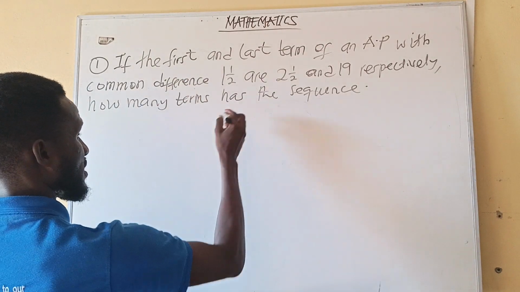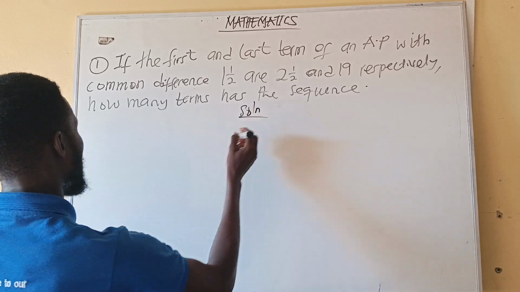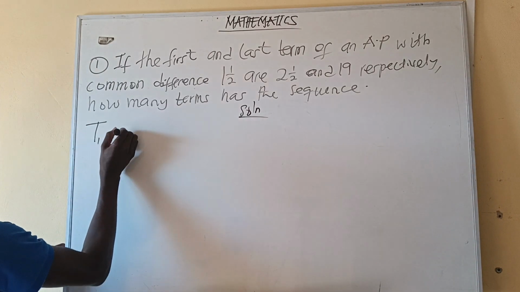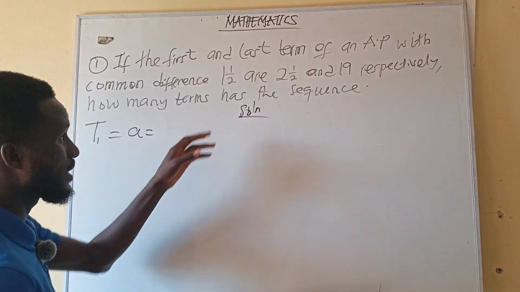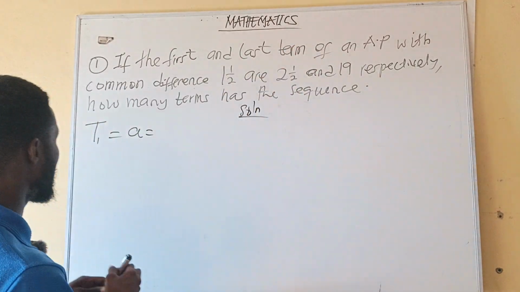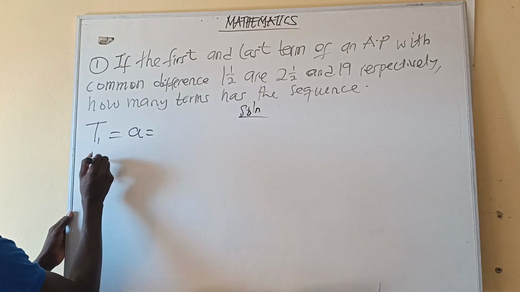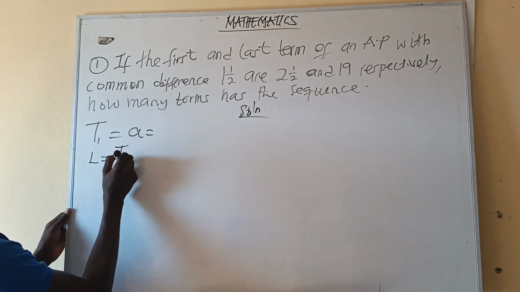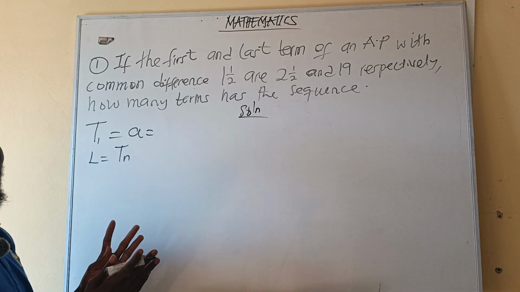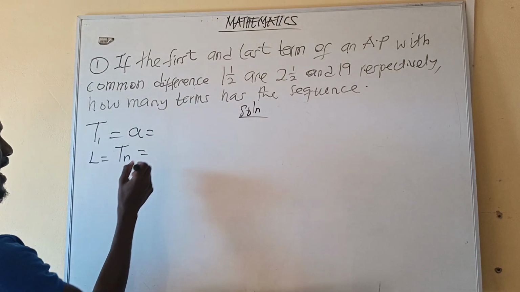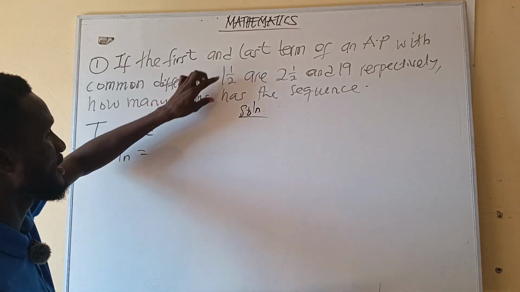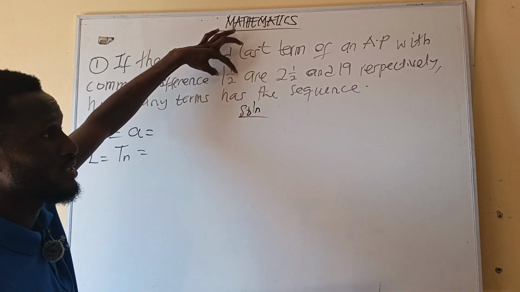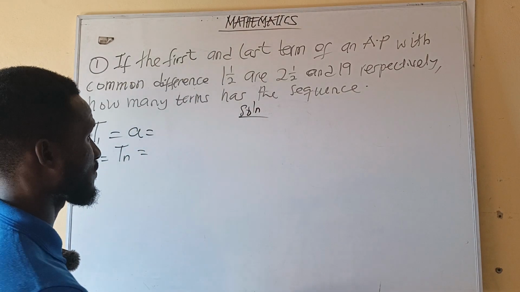AP is arithmetic progression. Don't forget that the first term is T1, which is the same as A. The last term is either L or the end term, and it is also given in the question. The common difference is 1 1/2.